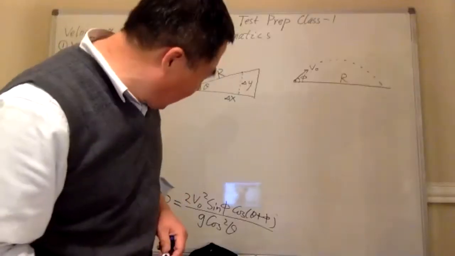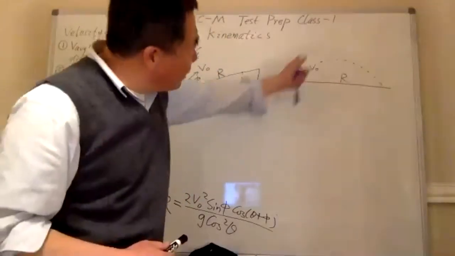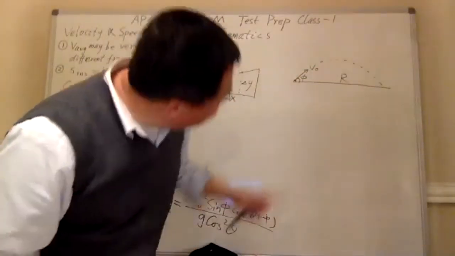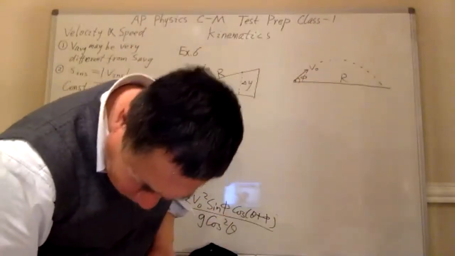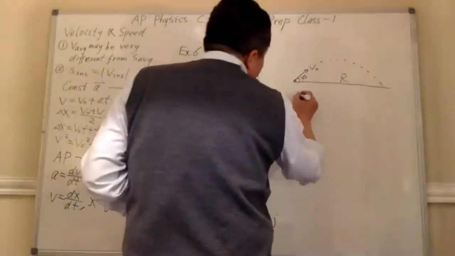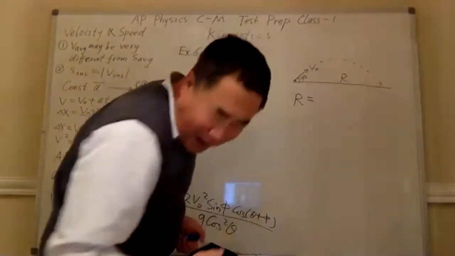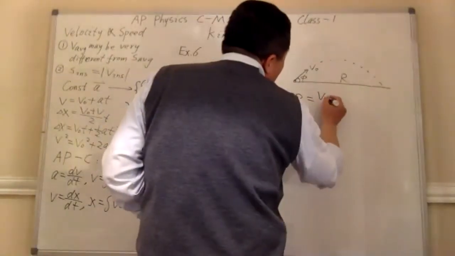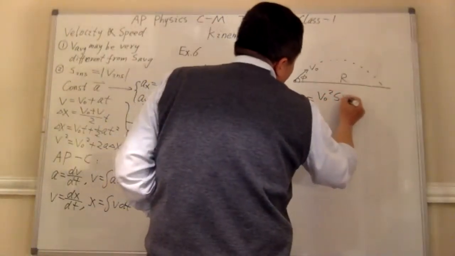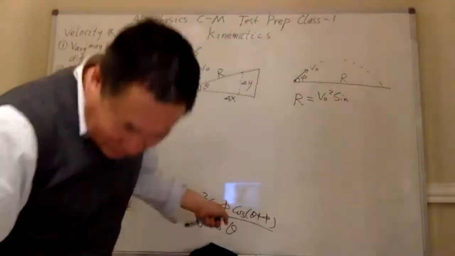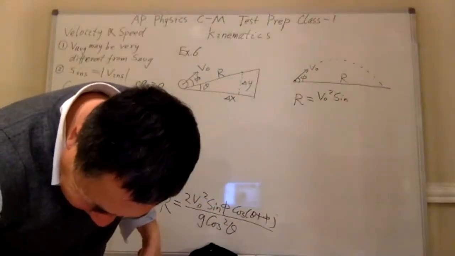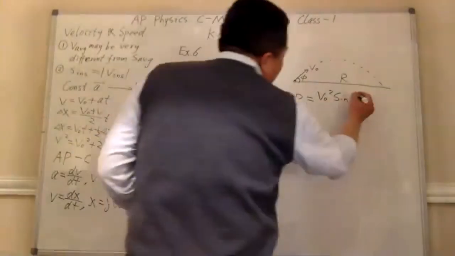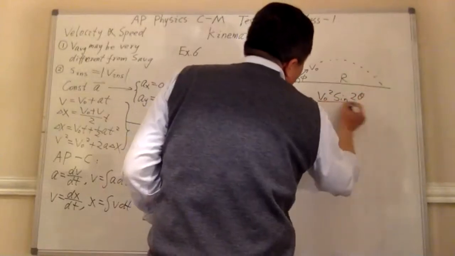If I change the angle to phi, that range formula I gave you in the syllabus is very easy to derive. That's equal to 2 v naught square sine 2 theta over g.